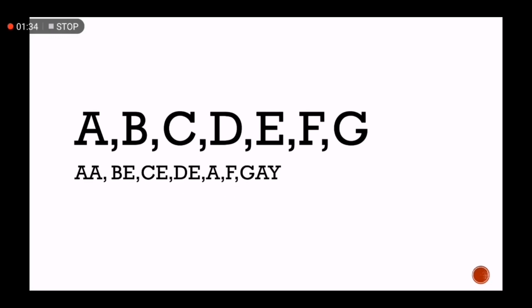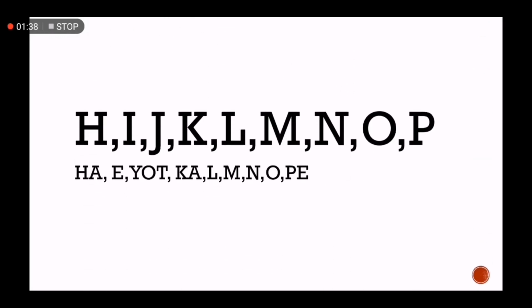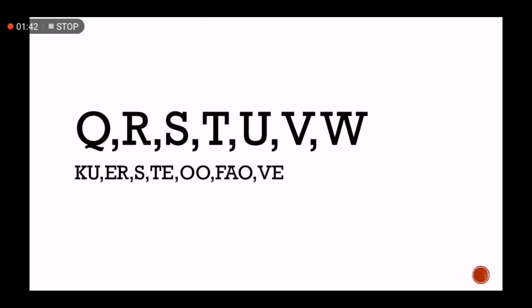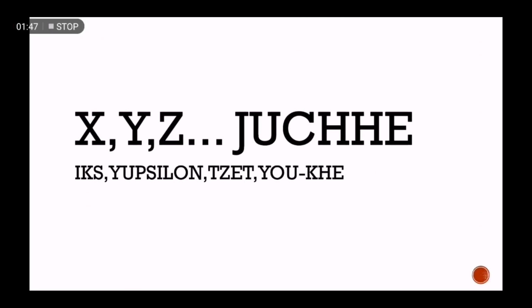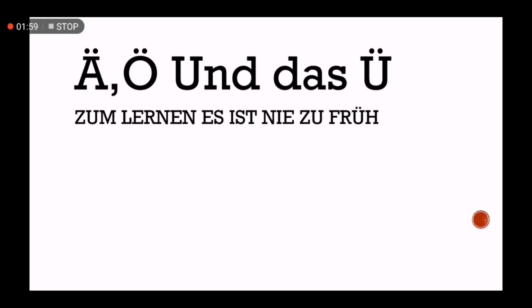A, B, C, D, E, F, G, H, I, J, K, L, M, N, O, P, Q, R, S, T, U, V, W, X, Y, Z, Ü, H, E, Ö, und das Ö zum Lernen, es ist nicht so früh.